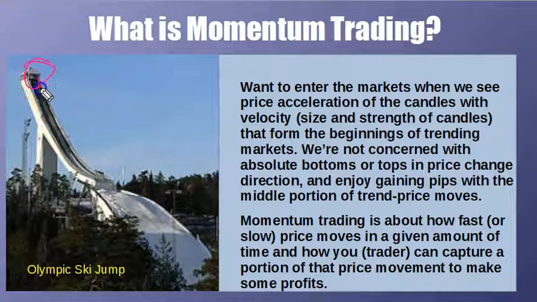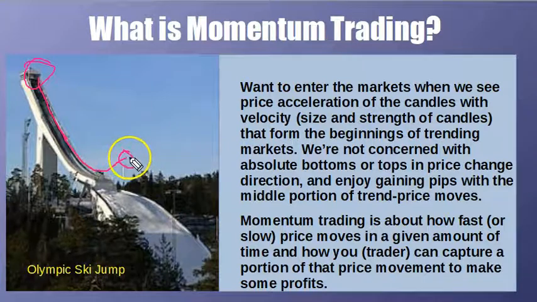So the skier goes down the ramp, gains momentum, and accelerates. So the momentum is increasing right here, then comes down all about here, and then flies off with his skis. And once the skier gets to about this area, momentum starts decreasing.